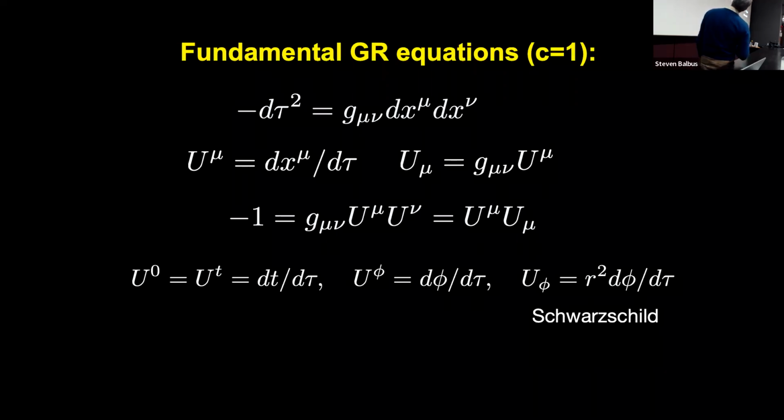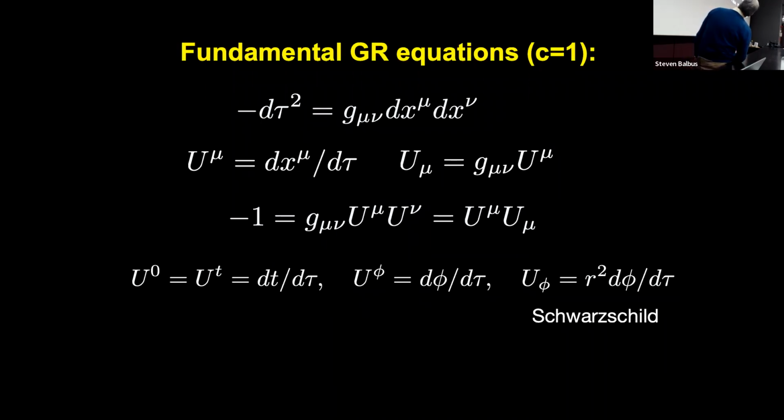We define these four velocities as the coordinate dx mu. Mu is simply, think of it, 0, 1, 2, 3, or time x, y, z, or time r, theta, phi, any coordinates you like, completely general, what's called general relativity.